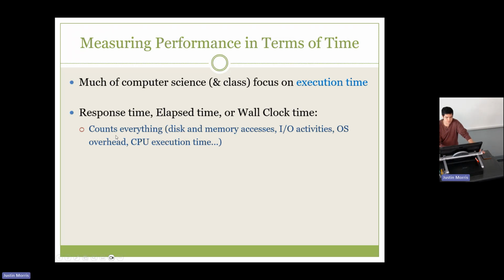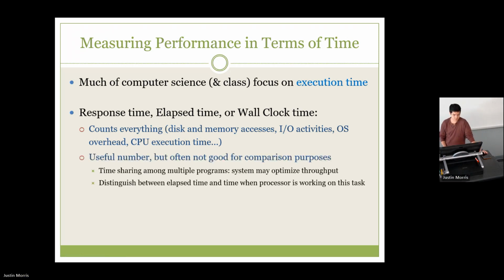And this is going to count everything, including the OS overhead and all of that. This is a useful number, but it's not good for comparison purposes because you have all of these other variables that affect that time.